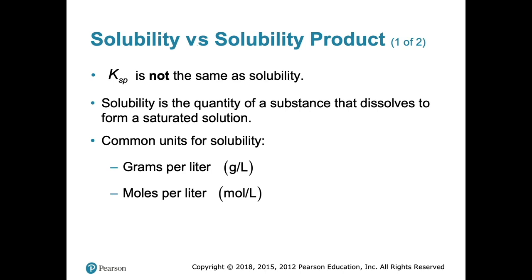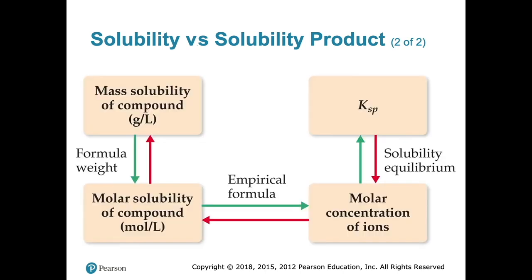I think that sodium chloride solubility in water is like 36 grams per liter, but I can't remember the exact number. Correct me if I'm wrong, but that's what you usually see. You'll see some kind of salt in grams per liter for solubility. So, solubility versus the solubility product constant, or the Ksp.